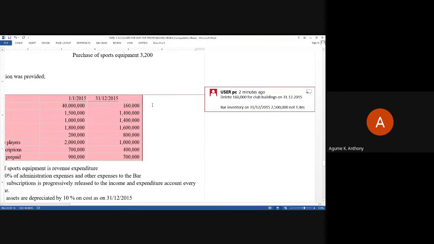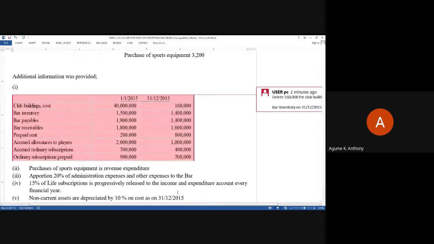So you delete this 160. In other words, there is no value, it is not there. Okay, here 1.4 allowances to players, payables, 1.4, 1.6, 800, 1 million, 400, then 7. The rest are okay.